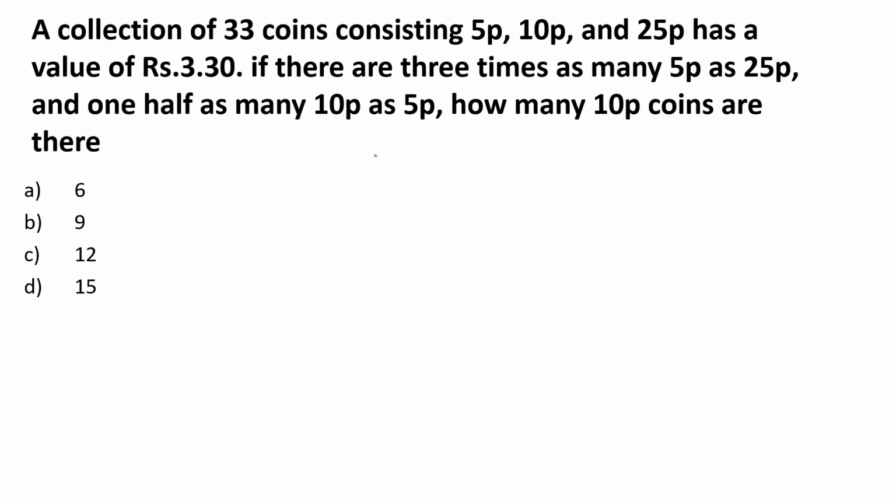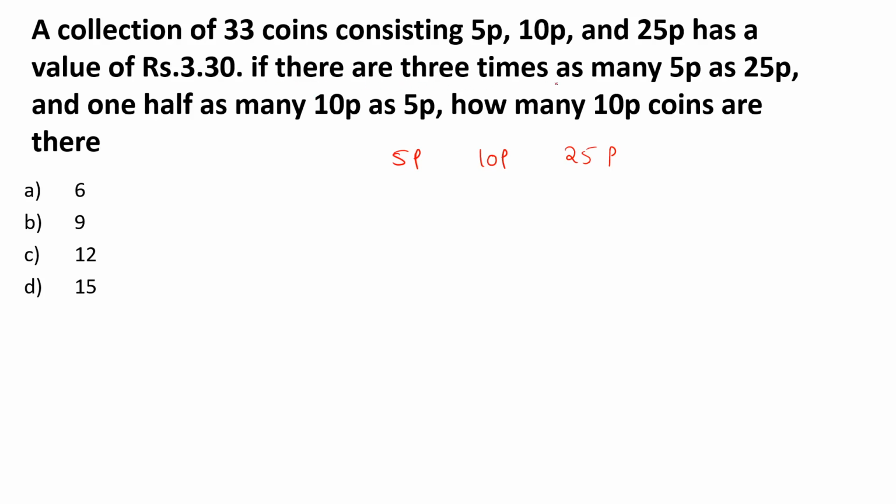Okay. There are 3 kinds of coins: 5 paisa, 10 paisa and 25 paisa. The denominations of the coins are given by 5 paisa, 10 paisa and 25 paisa. If there are 3 times as many 5 paisa as 25 paisa, look at this condition.